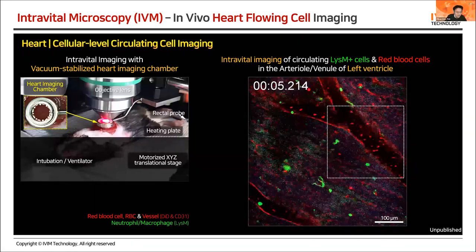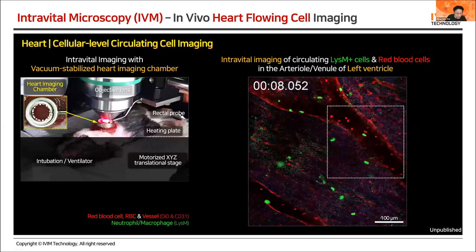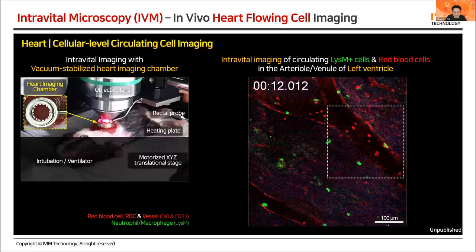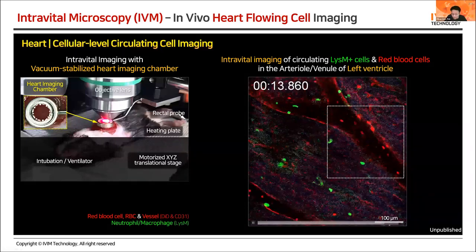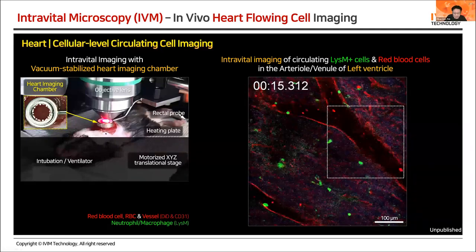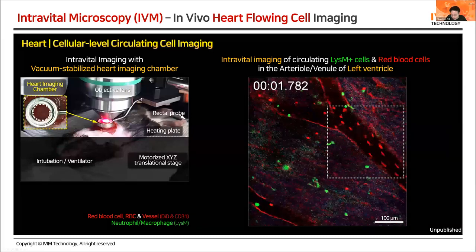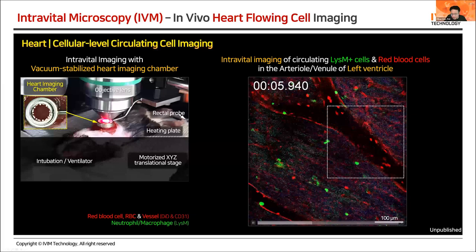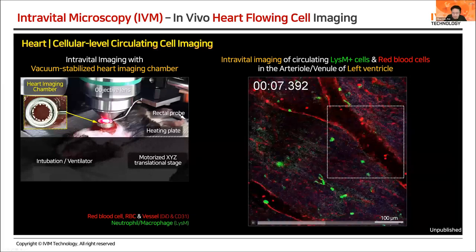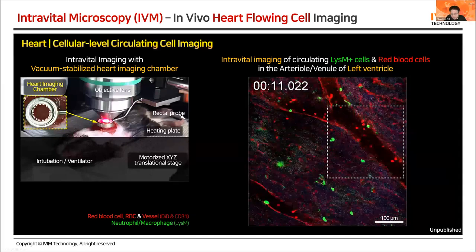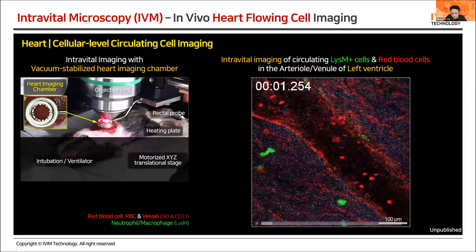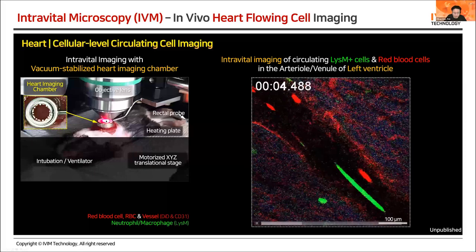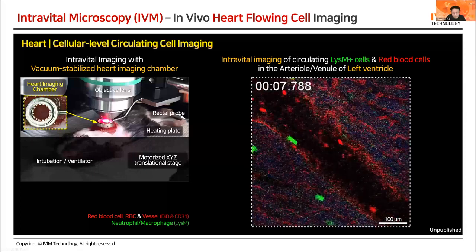Using the same principle, this is our device for stabilized heart imaging, and this is the real-time video obtained from this setting. The red dots are red blood cells inside the vessels of this heart. You can see the red blood cells flowing inside the vessel of the heart of this mouse model.